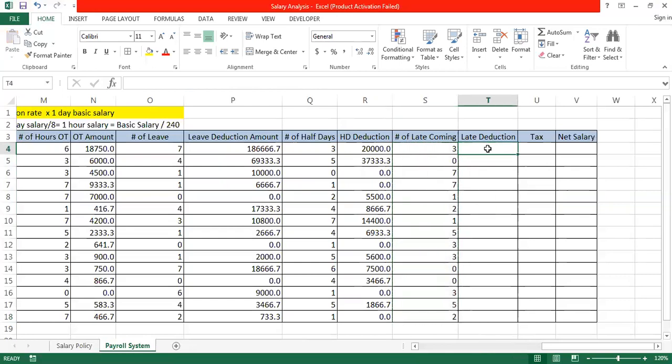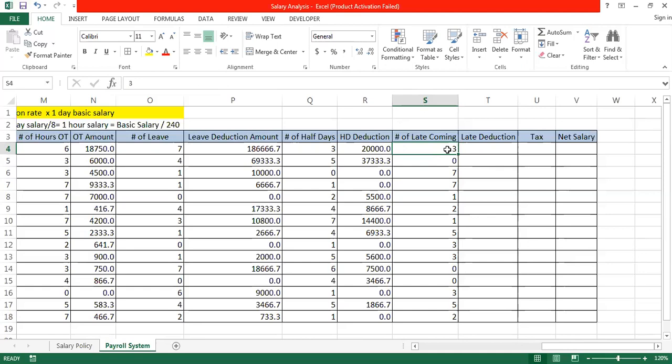So late deduction again: in most organizations, two lates are allowed. On the third late, 1 day salary is deducted. Similarly, the fourth late will give the same 1 day deduction, the fifth late will give the same 1 day deduction, and on the sixth late, every 3 lates will give you 1 day salary deduction.